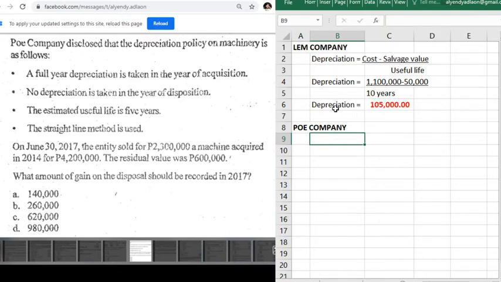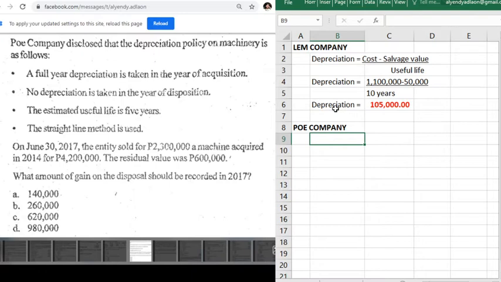Let's say for example, the entity purchased the machine on June 1. On December 31, that is still 6 months. But as a company policy, even though we purchase it 6 months before or whatever, so long as it is the year of acquisition, then we are to have a full year depreciation.